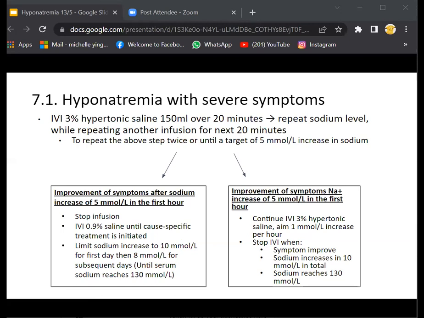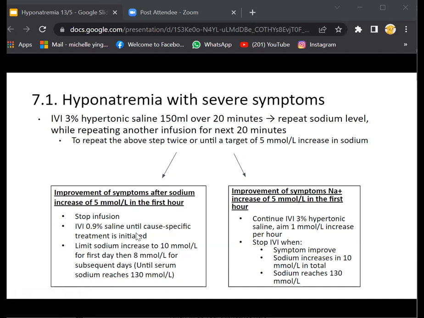For bolus, you can either follow this guideline or certain other guidelines that use 100 ml of 3% saline over 10 minutes and repeat, while waiting for a result. On the left-hand side, I think you typed wrongly, they stop the infusion of normal saline until cause-specific treatment is initiated. Actually, what that means is KVO, the lowest volume possible. So usually we just stop the infusion and don't give any drip because we worry about the risk of overcorrection.